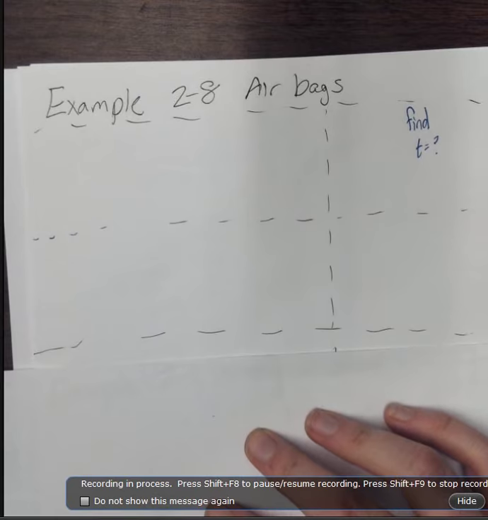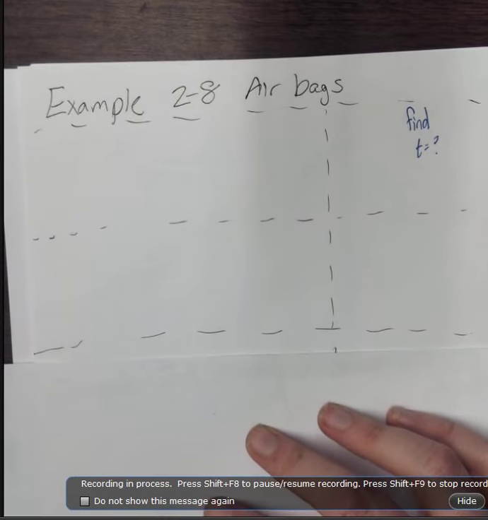And we're going to be trying to find t. Now, there's two different equations that allow us to solve for t. One of the things that I want you to consider is what do we know? Do we know the initial velocity or the final velocity? Do we know both? Which one is more helpful?